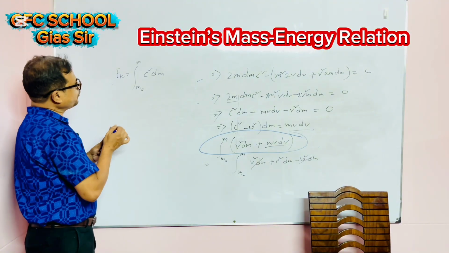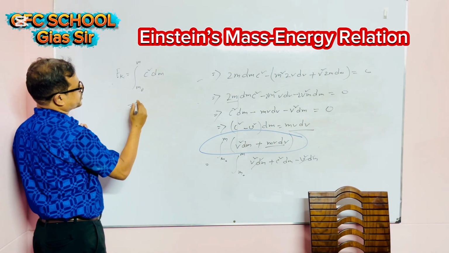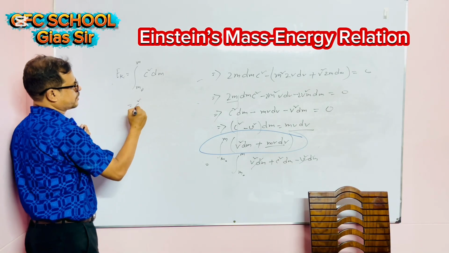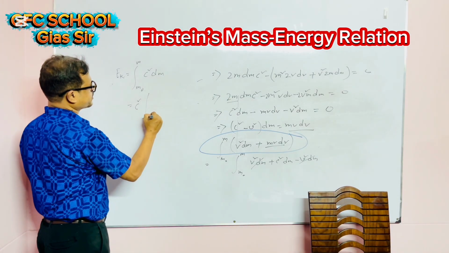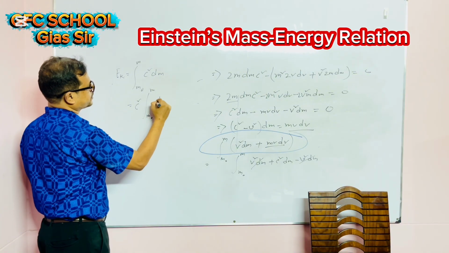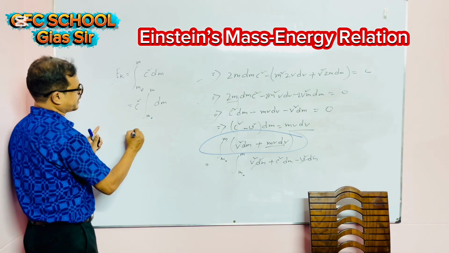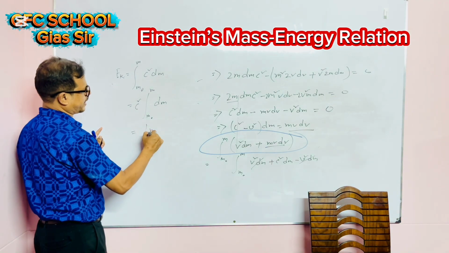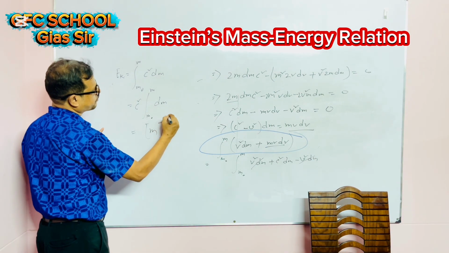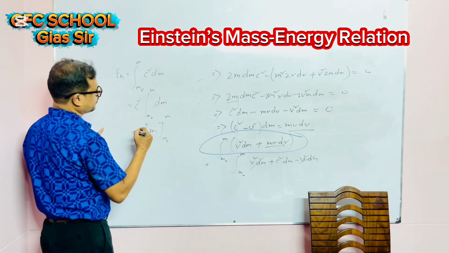Now we can do integration. What is that integration? Here dm, c is constant. That's why we have to bring it outside of the integration, and it is a limit integration. When you see this dm, we can write m. This is the formula of integration, and here higher value m and lower value m naught.